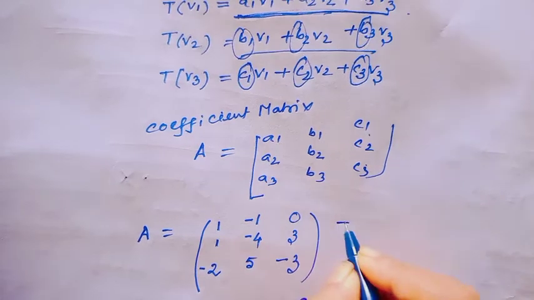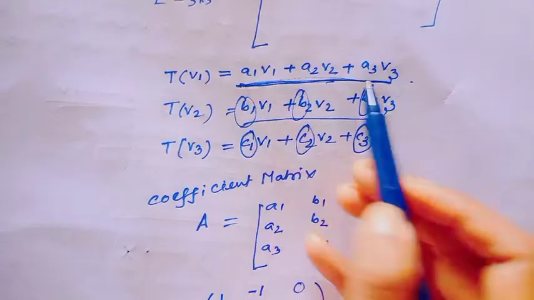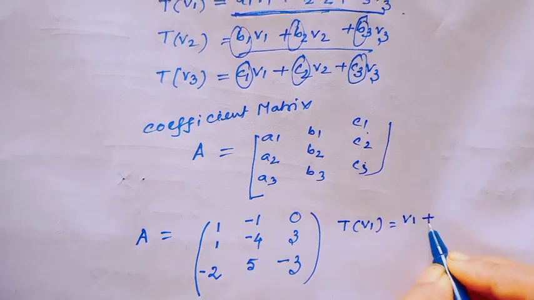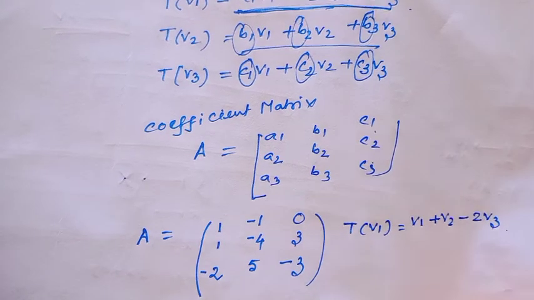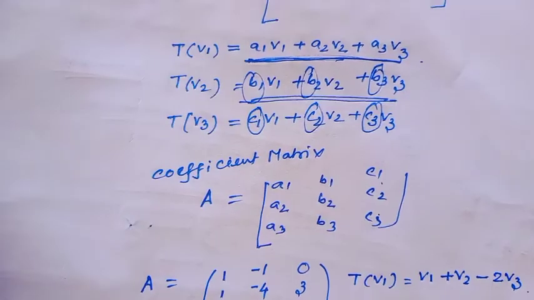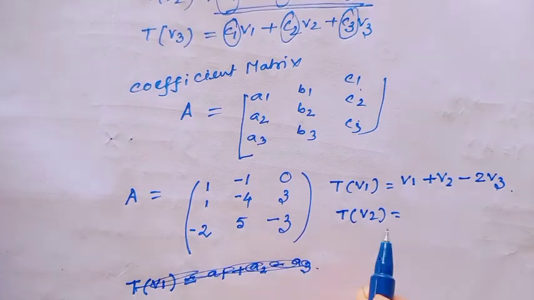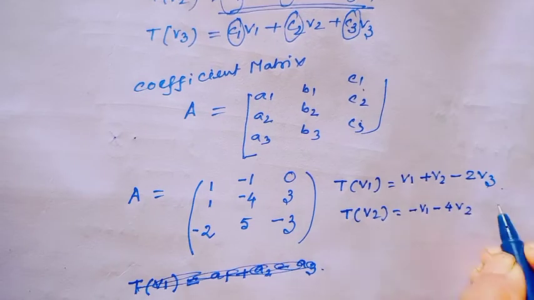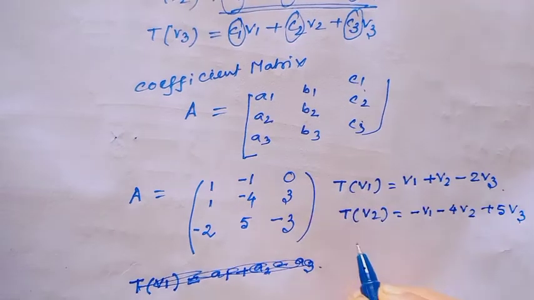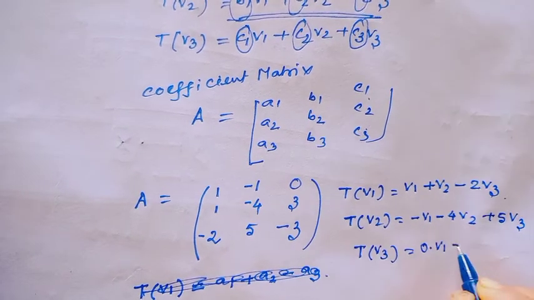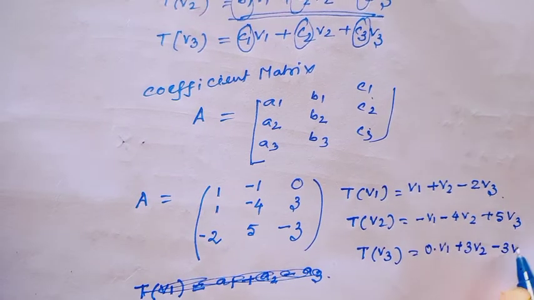By this idea, with the given matrix, T(v1) equals v1 plus v2 minus 2v3, T(v2) equals minus v1 minus 4v2 plus 5v3, and T(v3) equals 0 times v1 plus 3v2 minus 3v3.